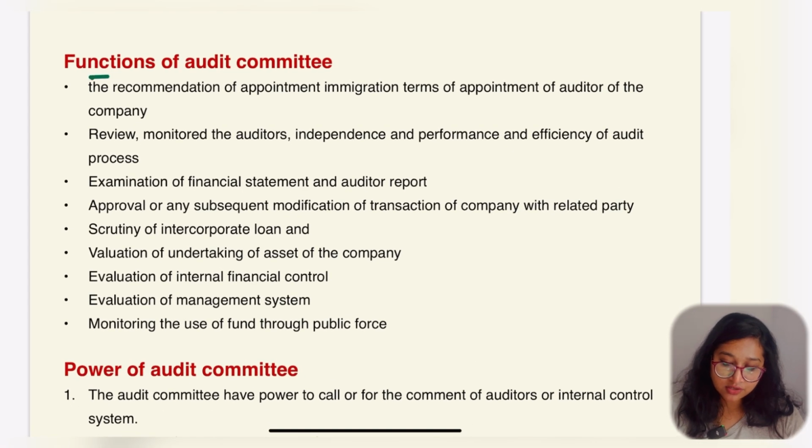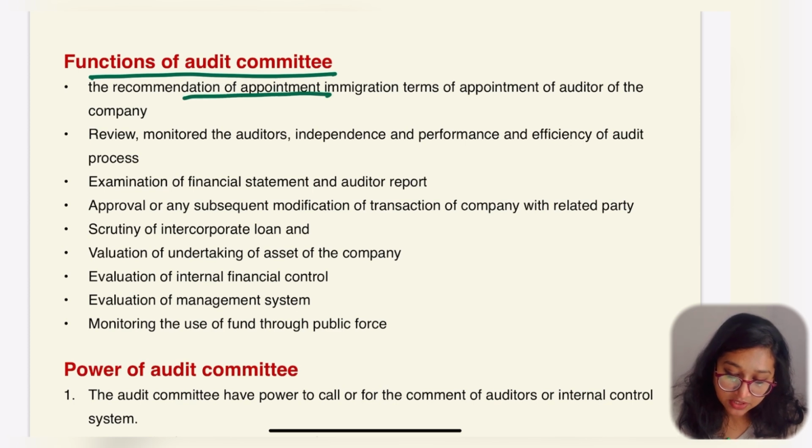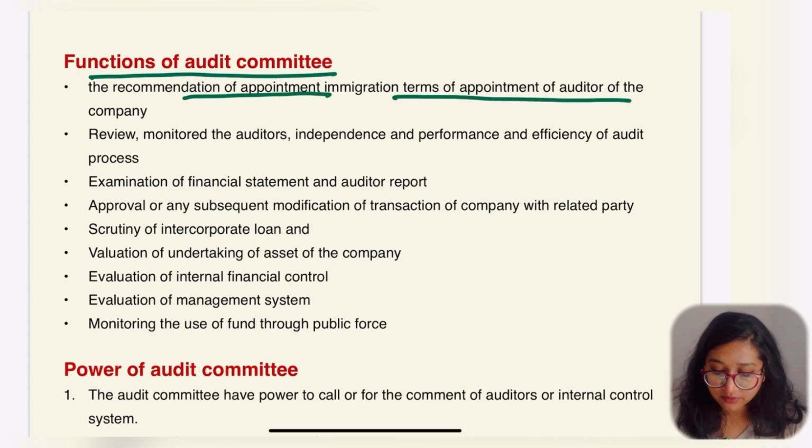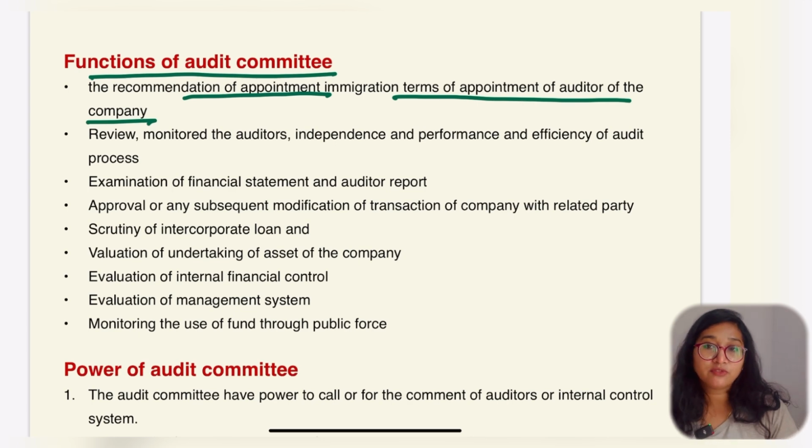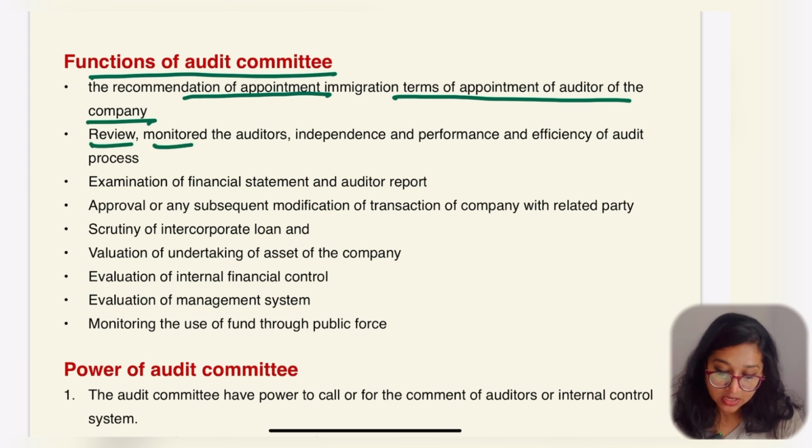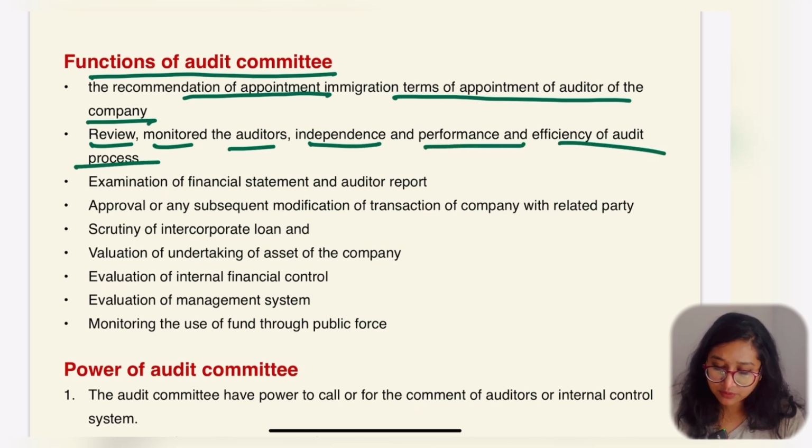Let's go for the functions of audit committee. The recommendation of appointment and terms of appointment of the auditor of the company is one of the functions performed by the audit committee. Review and monitoring of the auditor's independence and performance, and of the audit process, is to be done by the audit committee.